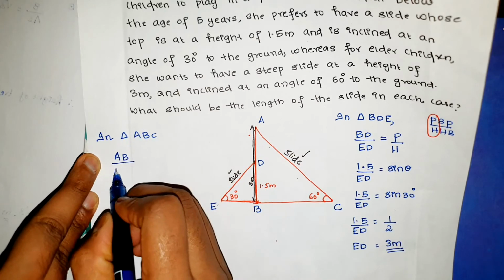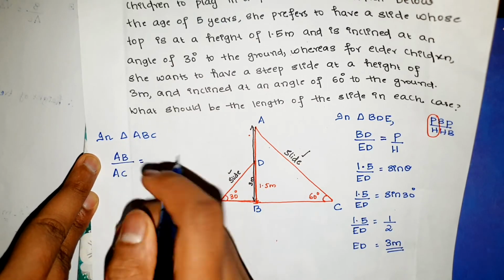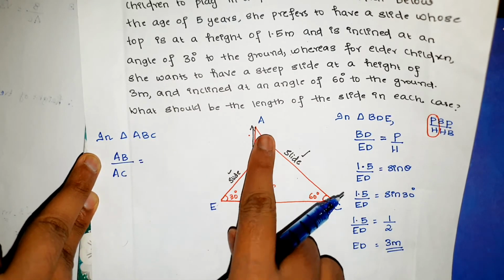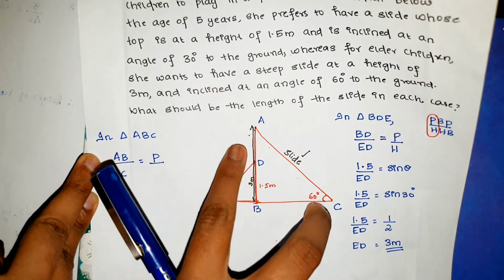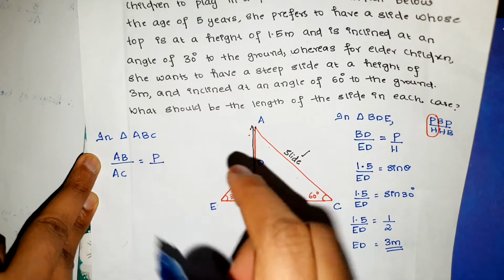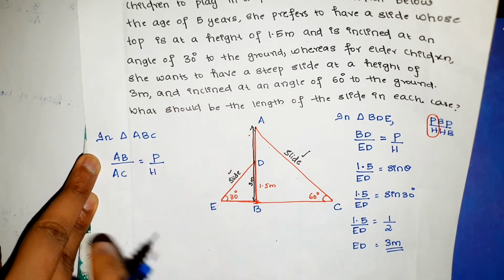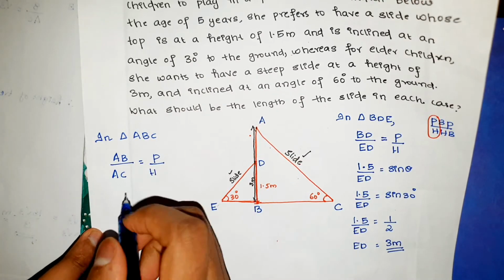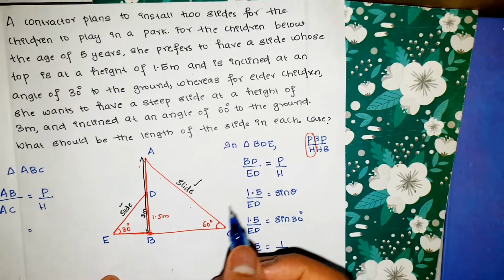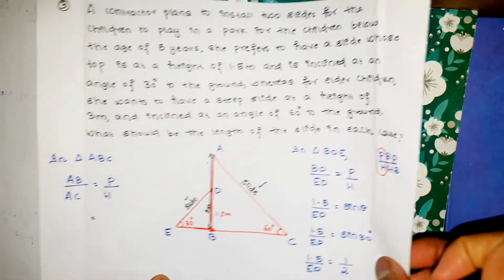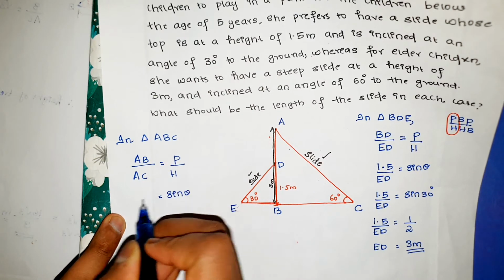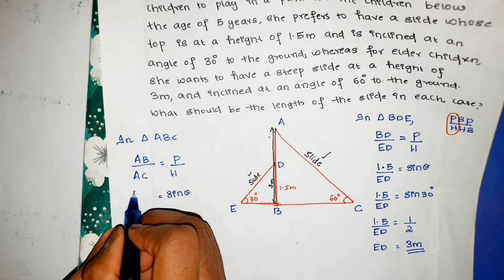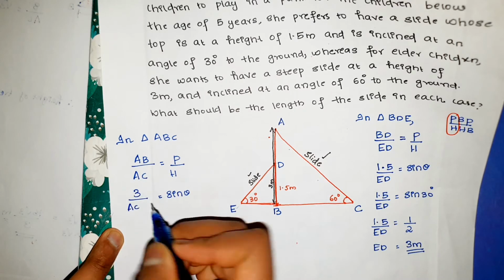So AC, that is equal to, what is AB? AB is P. What is AC? AC is H. So that is P by H, which is sine theta. So sine theta is equal to 3 by AC.